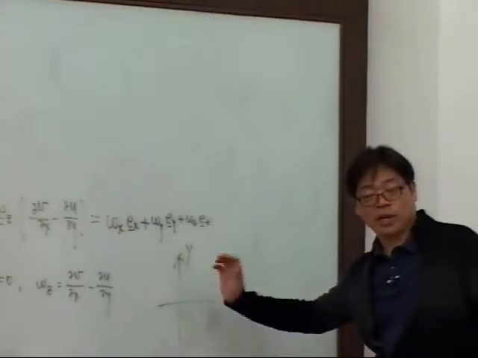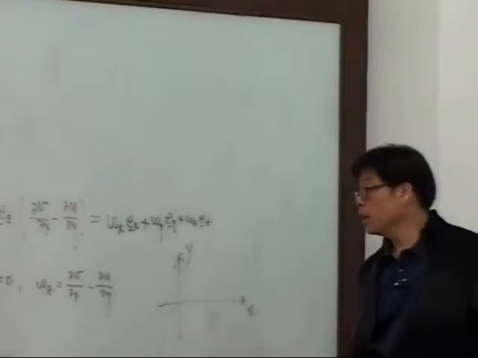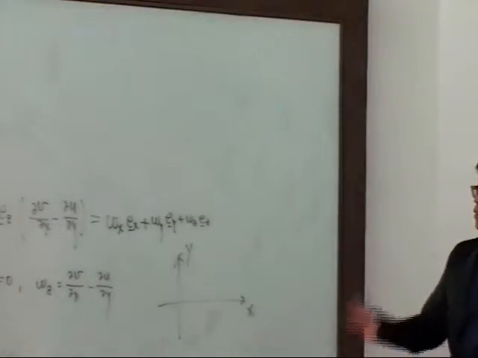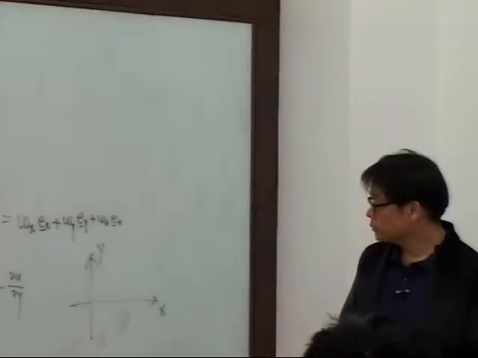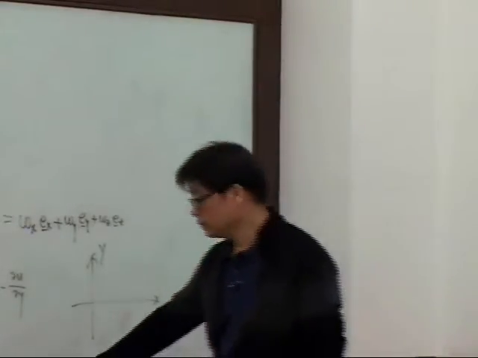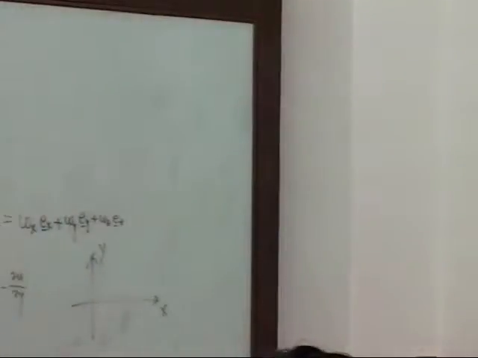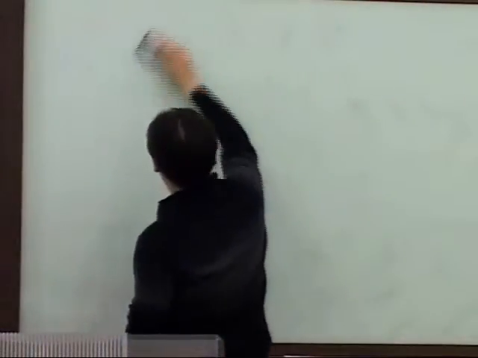So that has to be related to some rotation. And that's why this is called the rotation vector, or vorticity. So let me give you an example.